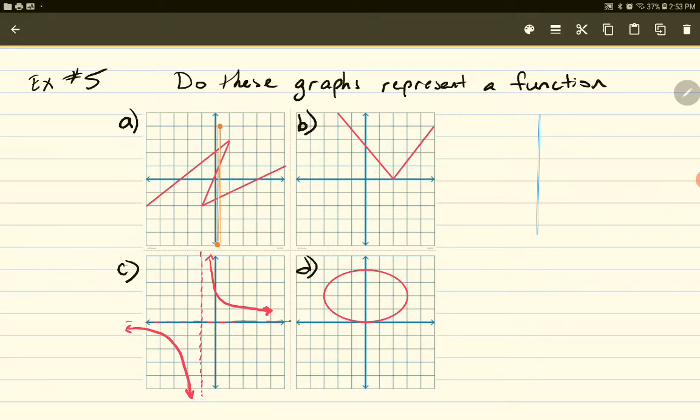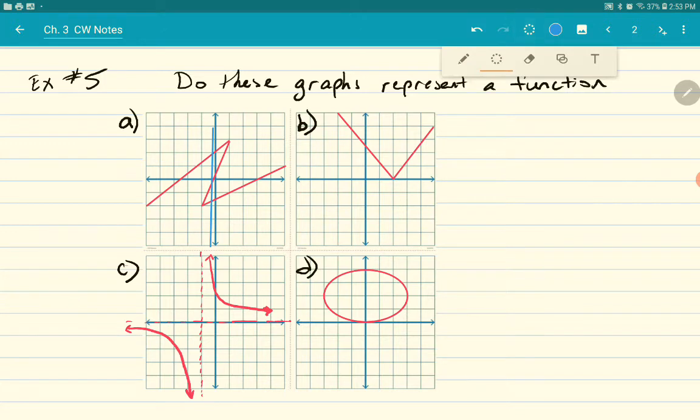So the problem area is this area right here. That's giving me more than 1 output to my input. If I try to draw my vertical line right there, then I intersect here, here, and here. So this one is not a function, because I have more than 1 output from my input.